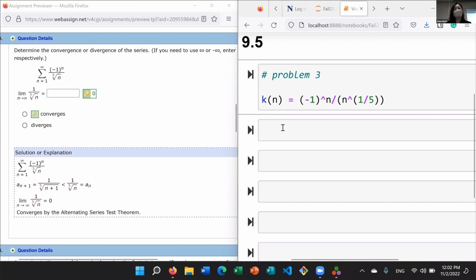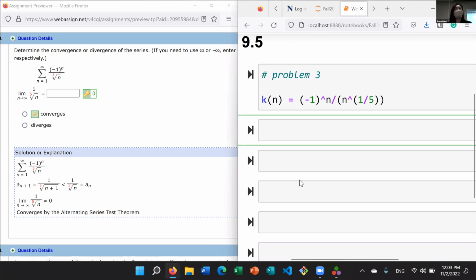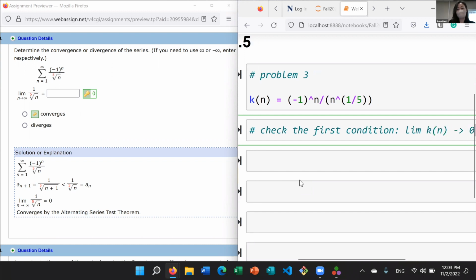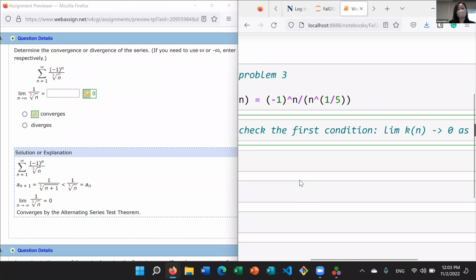So I'm going to check the first condition. What's your first condition? The limit goes to what? The limit of a sub n goes to 0 as n gets what? Infinity.